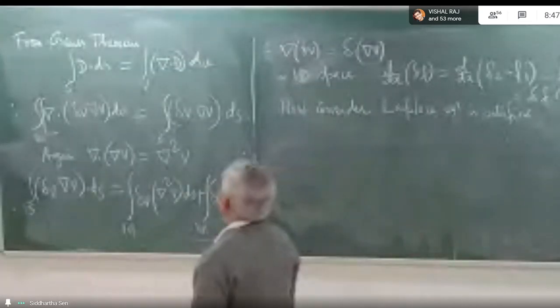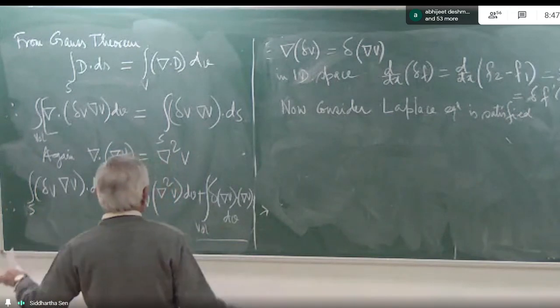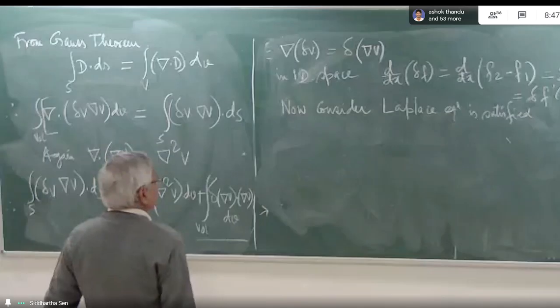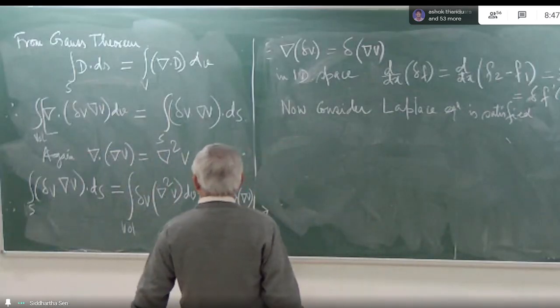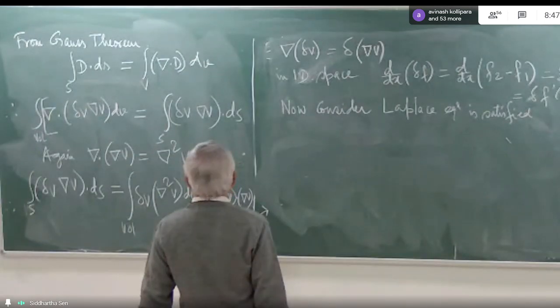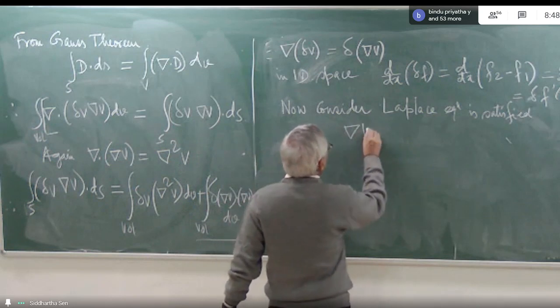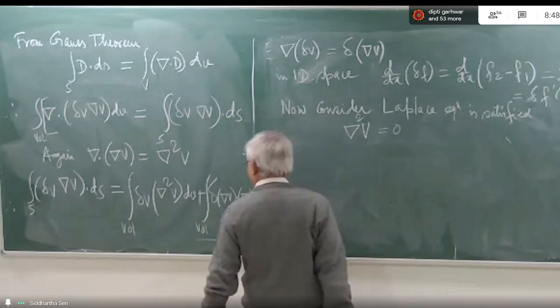It is a general relationship in electrostatics. Apart from that, this is your Laplace equation that is satisfied. So it is del square, nabla square V is equal to 0 there.